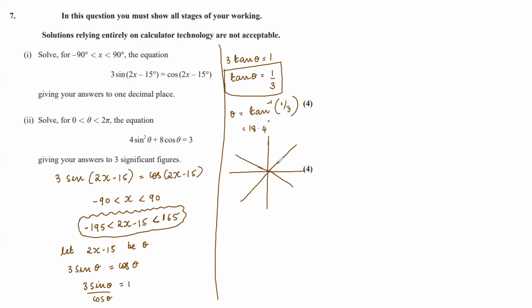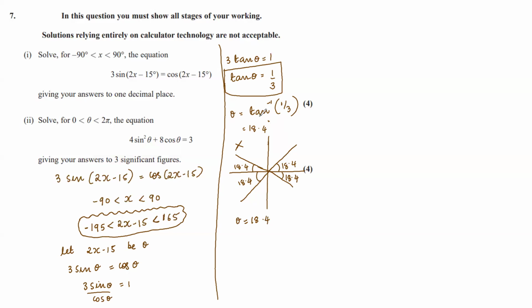And we know this is the acute angle here, 18.4. We have only till 165. So that means only the first and the second quadrant will be considered. And in the second quadrant, tan is negative, so we cannot consider this. Tan is positive only in the first quadrant. Therefore, theta in this case will be 18.4.